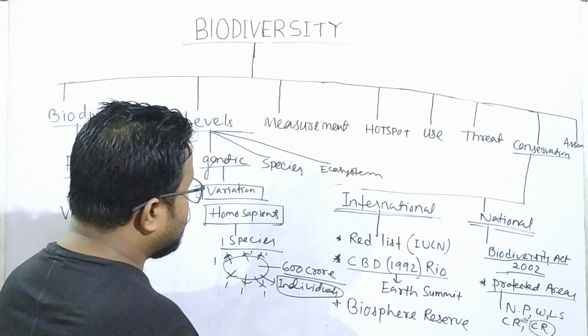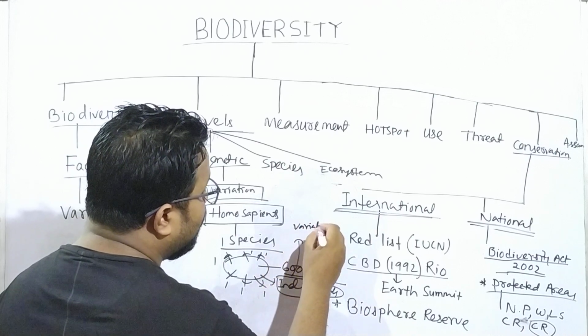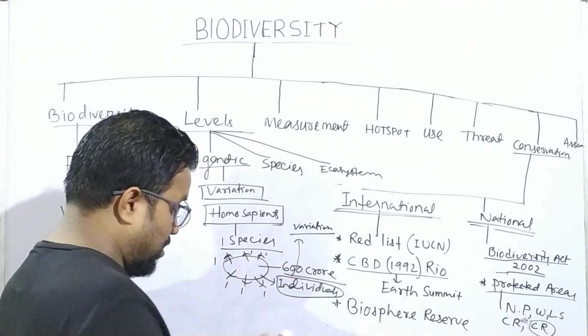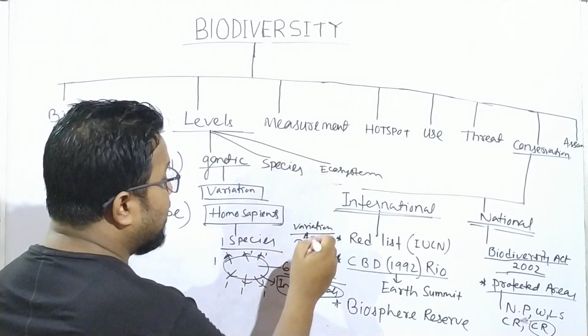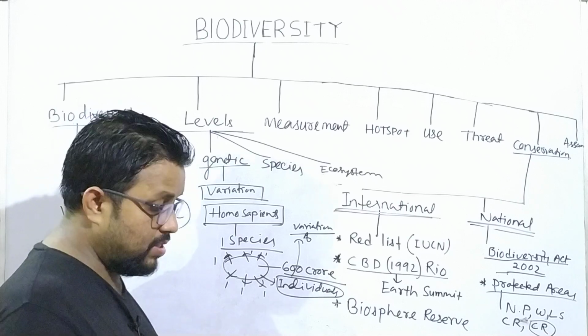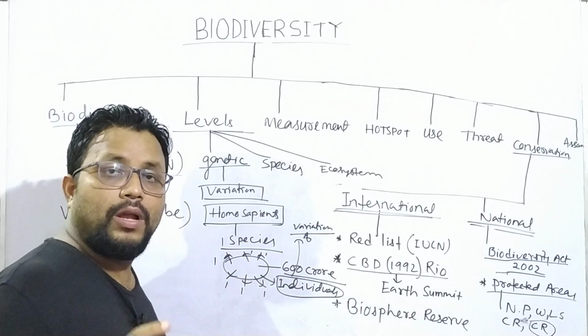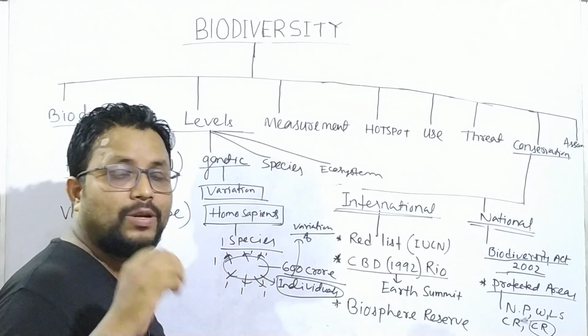Why? Because of variation of genes. Every individual has varied genes. Since genes are varied, they don't look similar.